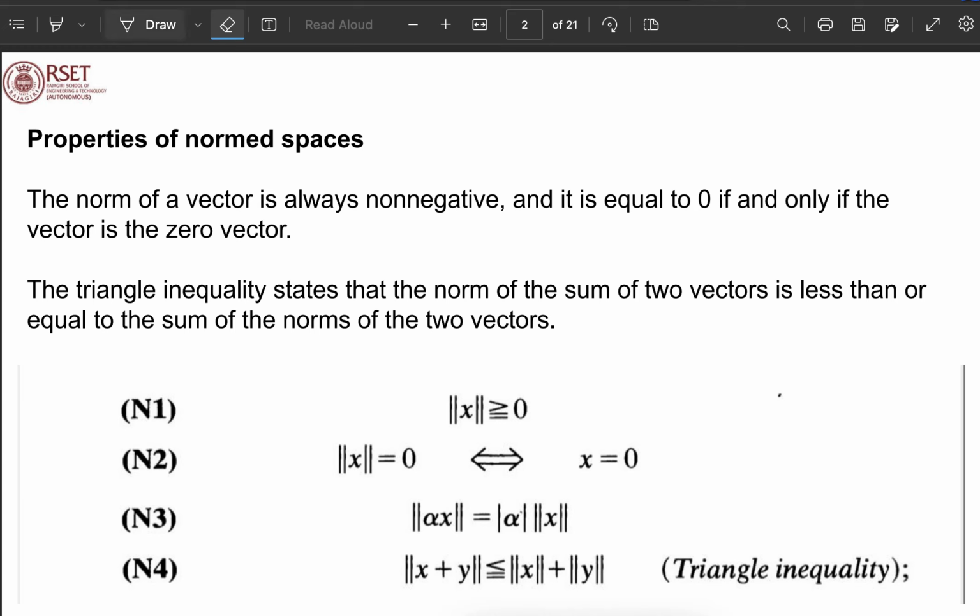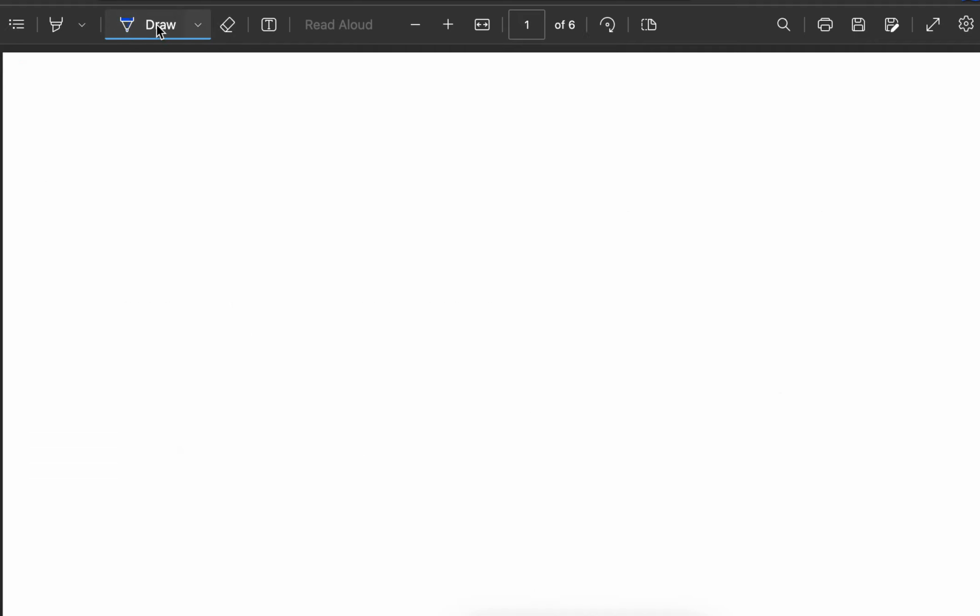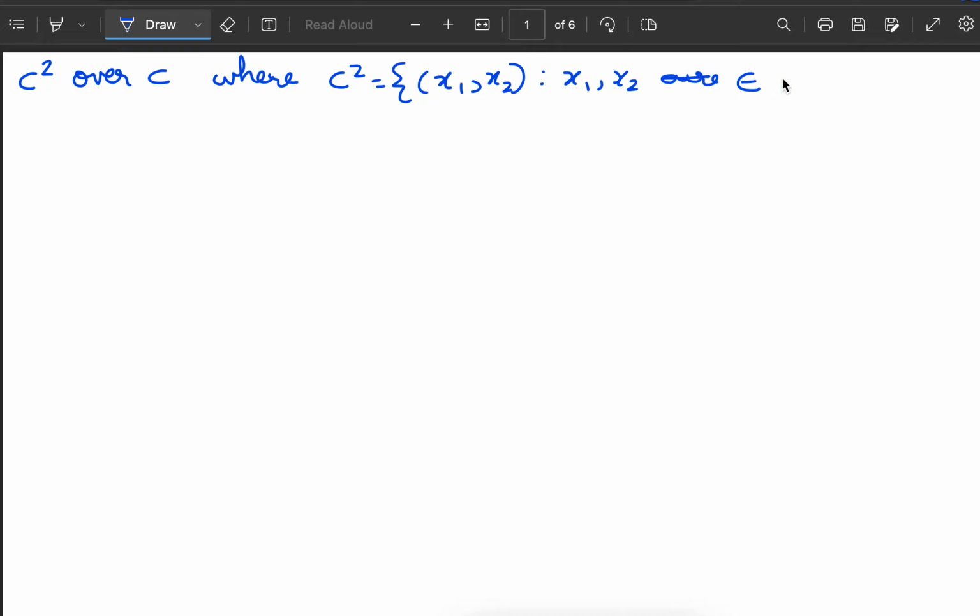Let's go through some examples. First, let's consider C square, that is the vector space C square over C, where C square means the collection of all ordered pairs x1, x2 such that x1 and x2 are complex numbers, that is elements of C. So we are going to define a norm on this C square.